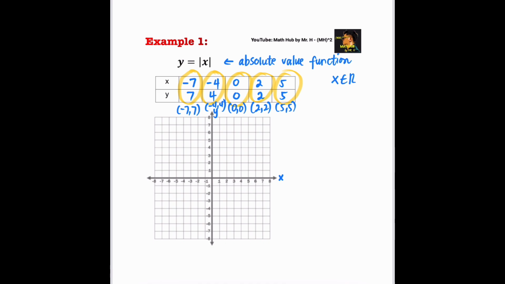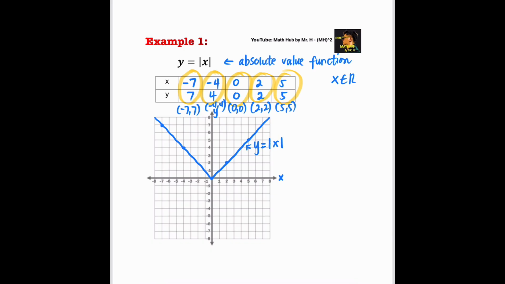The first point we have is negative 7 comma 7, and that is here. Next is negative 4 comma 4, and we have 0 comma 0, 2 comma 2, and 5 comma 5. So that is the graph of y equals absolute value of x.